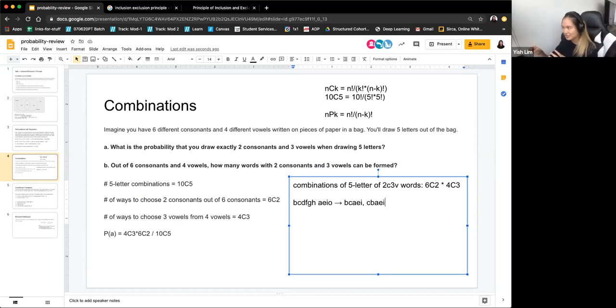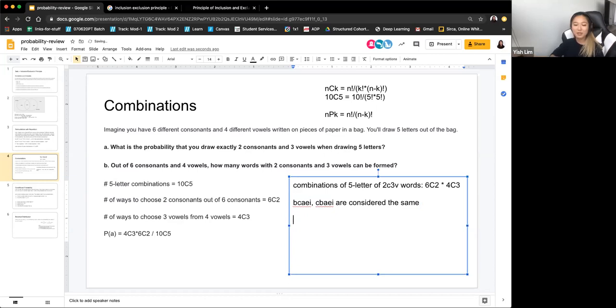So if we're looking at permutations, these would be different. But because we're looking at a combination, this is the same. So we're looking at 6 choose 2 times 4 choose 3 unique 5-letter combinations. Actually, this is clear enough, I think.